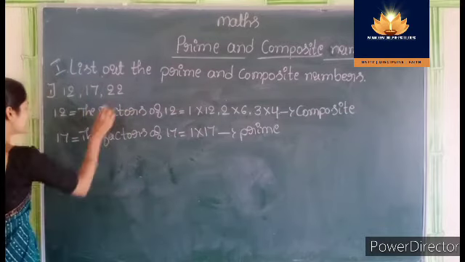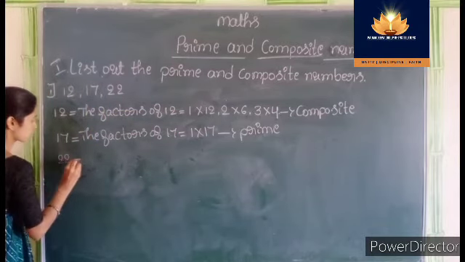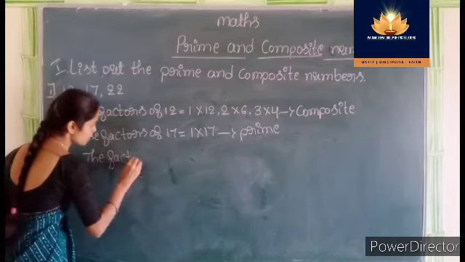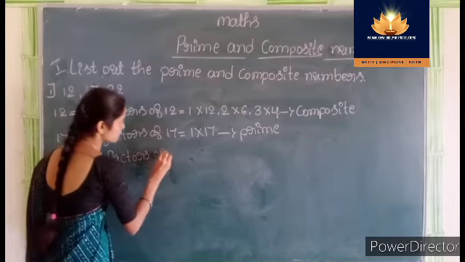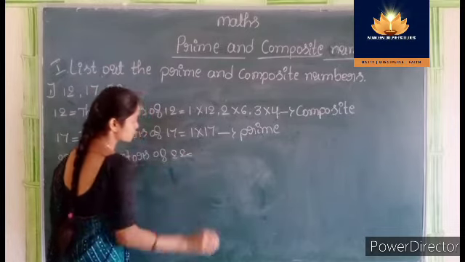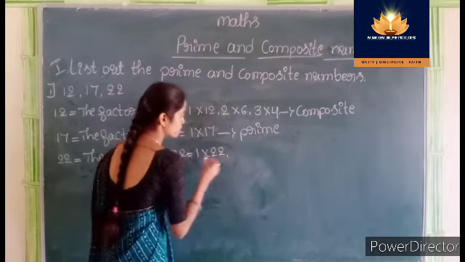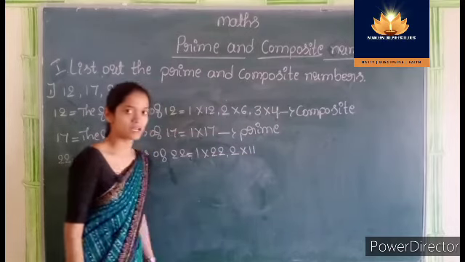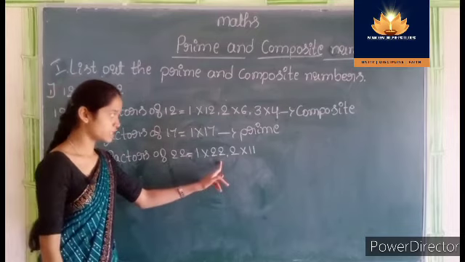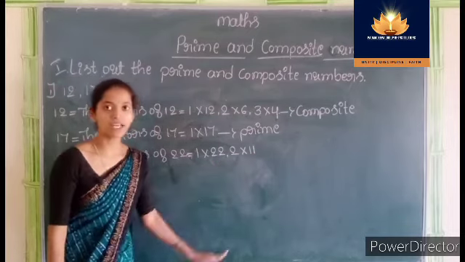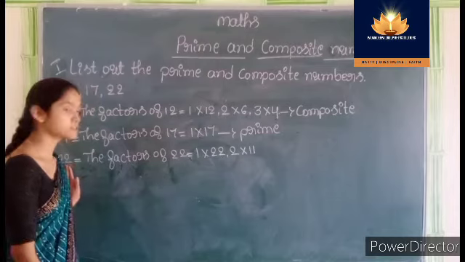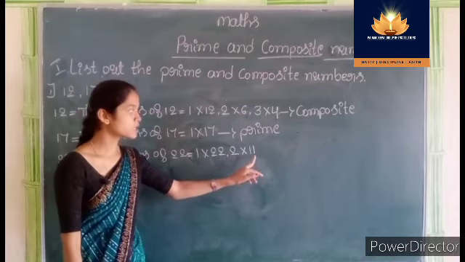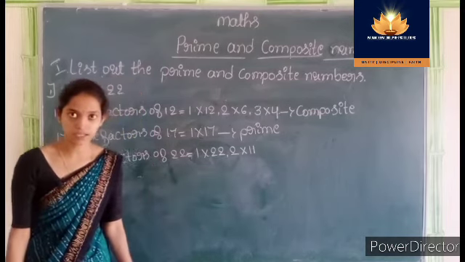Okay, then 22. The factors of 22: 1 into 22, then 2 into 11. 1, 22, 2, 11 are the factors of 22. 22 has 1, 2, 3, 4 factors.